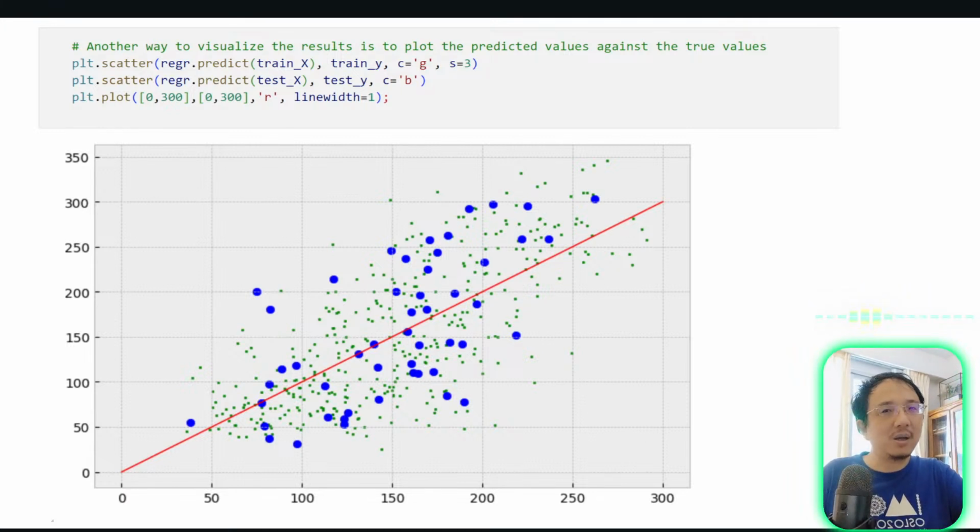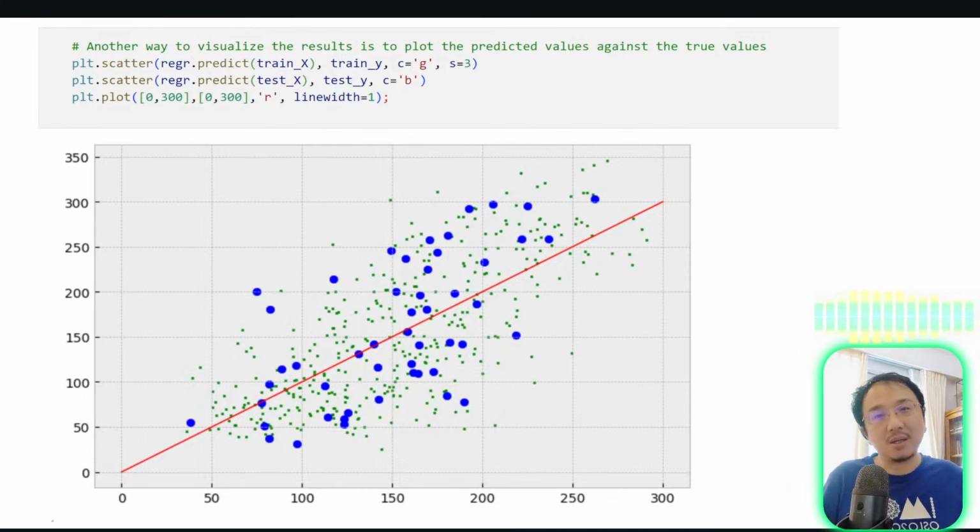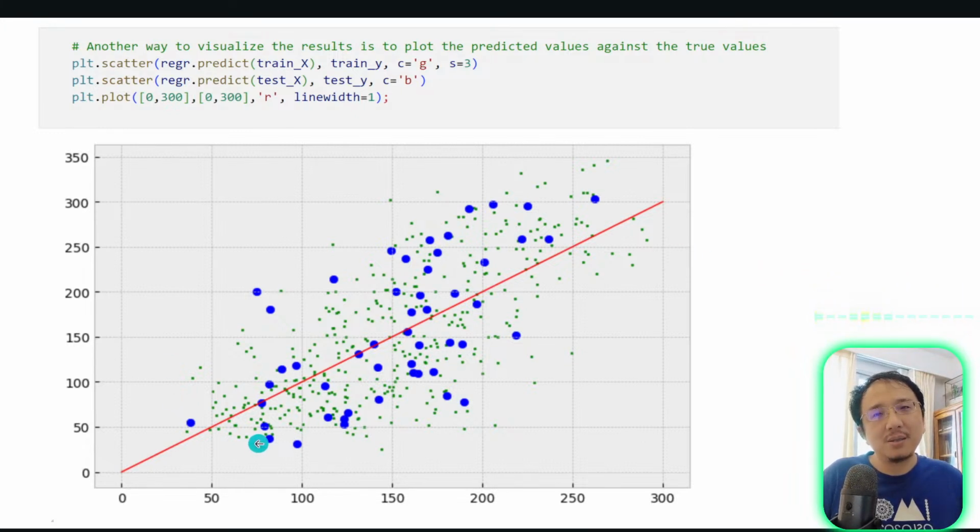They are not overfitting, like we are going to discuss in detail later. The performance on the testing data is not worse than the performance on the training data, so that's a good thing. So we can see on this graph, the prediction is not very good, but it is something.